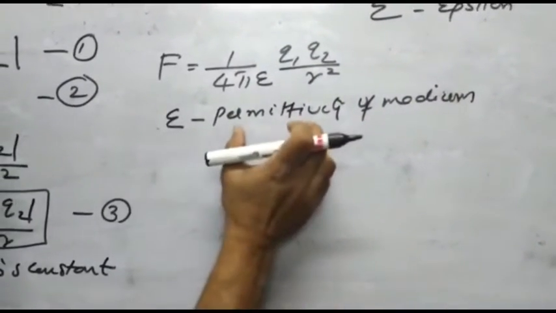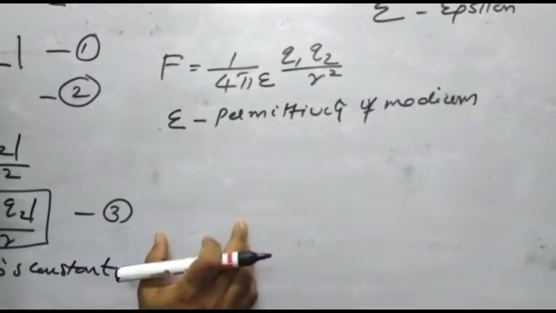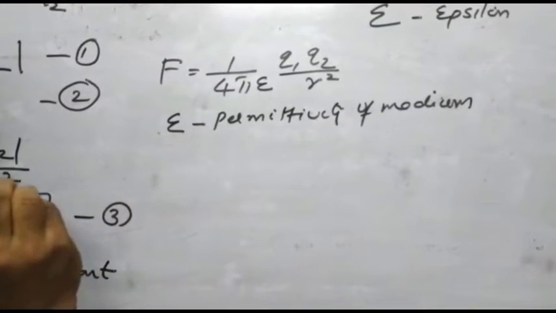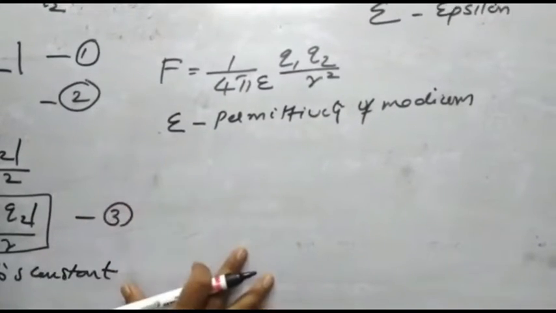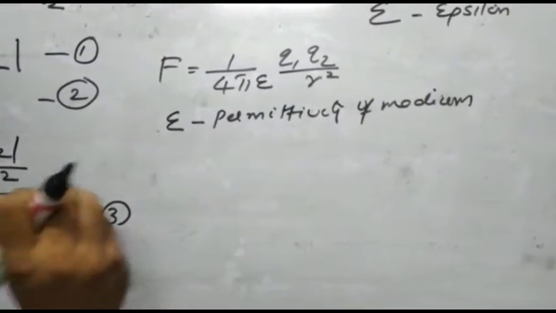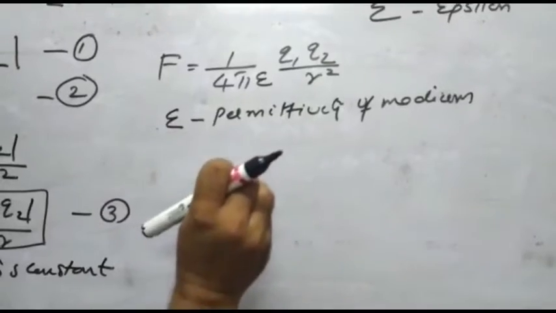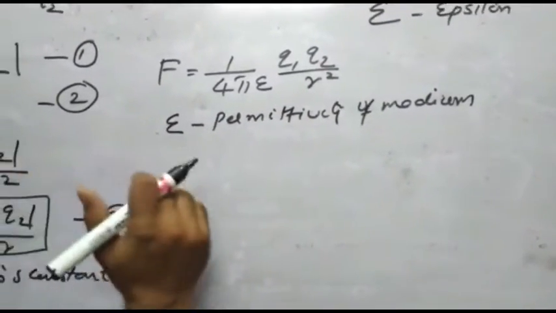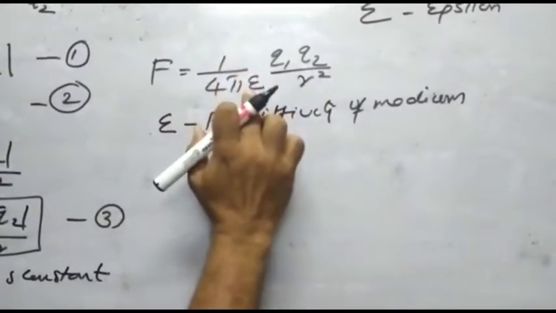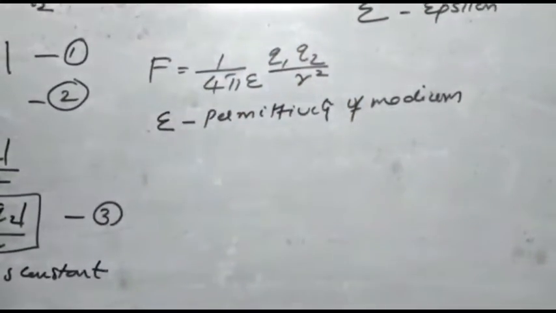You know that permittivity is just a permission to flow the electric field lines, or the ability to flow electric field lines through a substance is called permittivity, just a permission. So F is equal to 1 by 4 pi epsilon Q1 Q2 by R square.